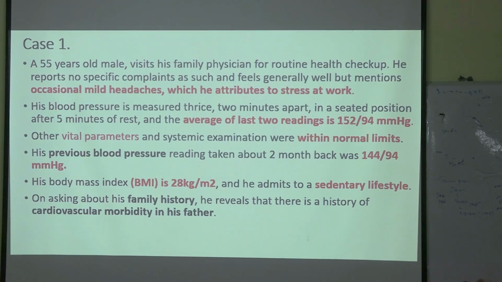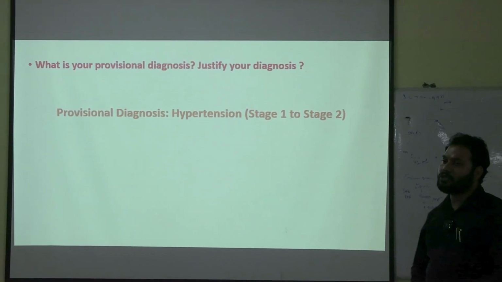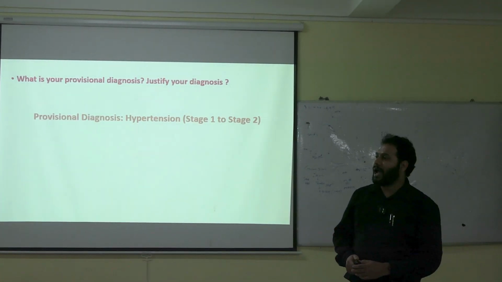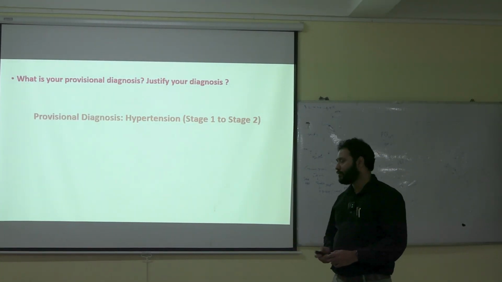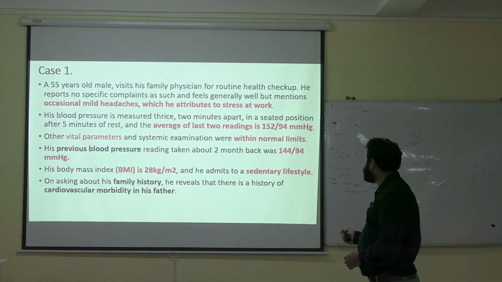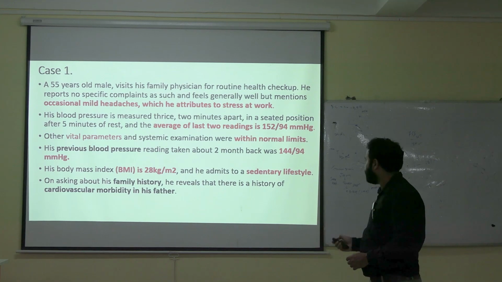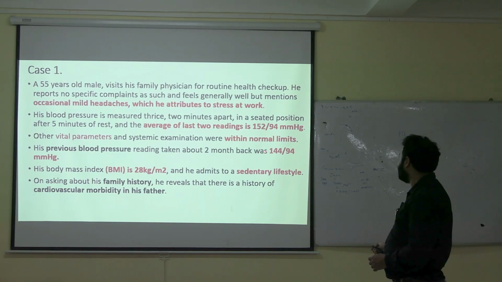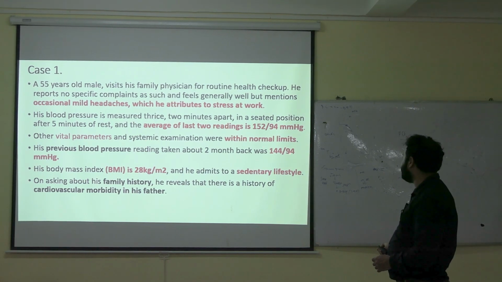So now the question is, based on the information given, what is your diagnosis? See, the pressure is not normal, and it is persistently increasing. Two months back it was 144/94, and the recent reading is more than that.